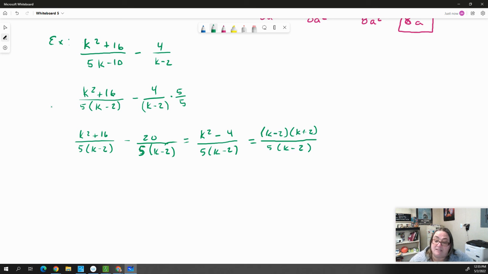So we have this common factor in both of them, right? In the numerator and the denominator that we can cancel out. You have this k minus 2 over k minus 2. So our solution would be whatever is left over, k plus 2 over 5.